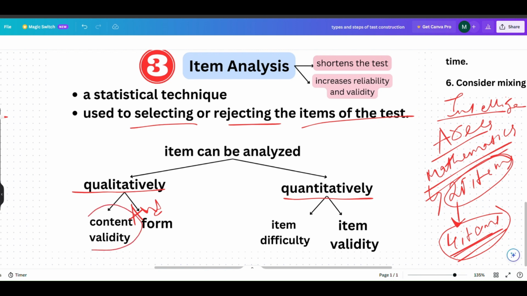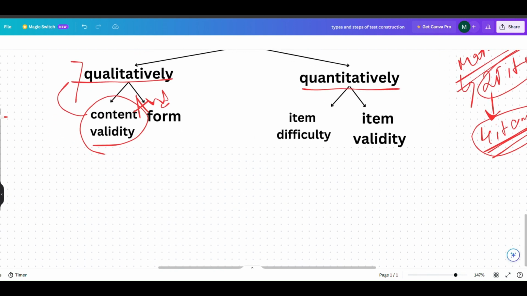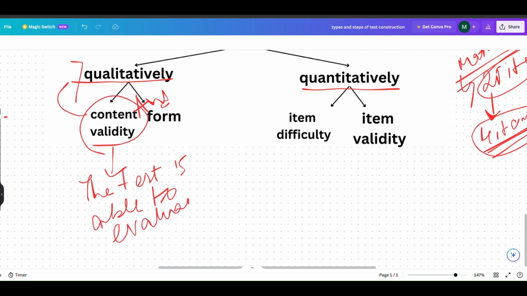Now, content validity is seen in qualitative analysis. What is content validity? Content validity is the degree to which the test is able to evaluate all the aspects of the test.